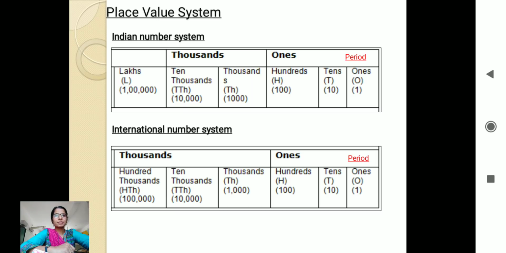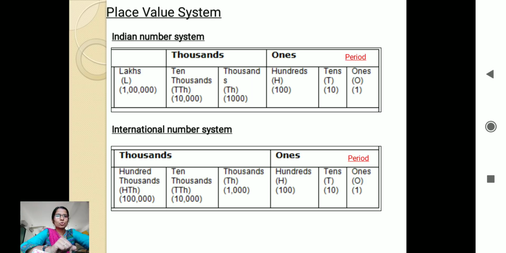Now in the Indian system, the 1 lakh starts the lakh period. So in the lakh period, we have again lakh and 10 lakhs. Yes, you would have heard 10 lakhs also. But in the international system, the 1000 period extends till the 100,000s. That is the 6-digit number.